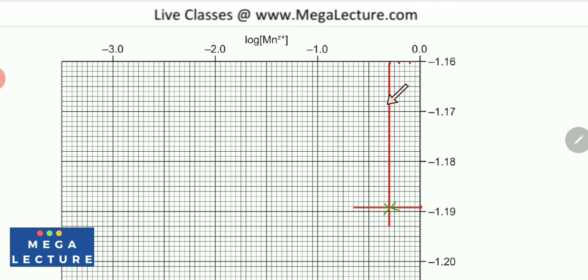It's better to draw very, very light lines so that you're accurate. That's a good practice. Put your scale over here, because it's very hard to figure out which box it is. Draw a very light line, put a scale on the other side, draw a very light line over here, and where they're intersecting, that's where your cross is going to be.